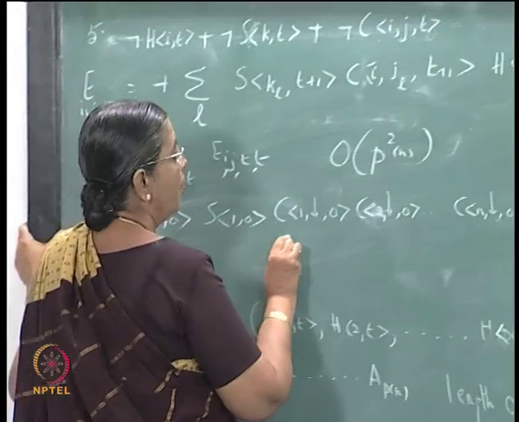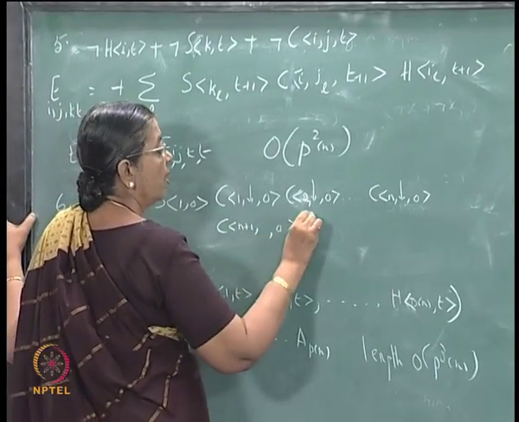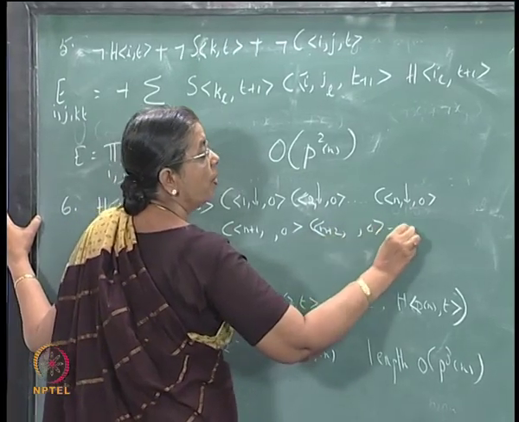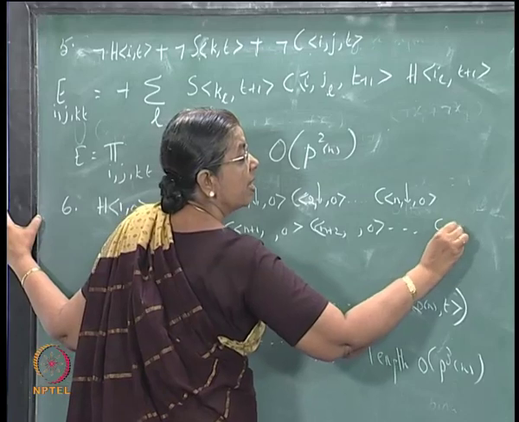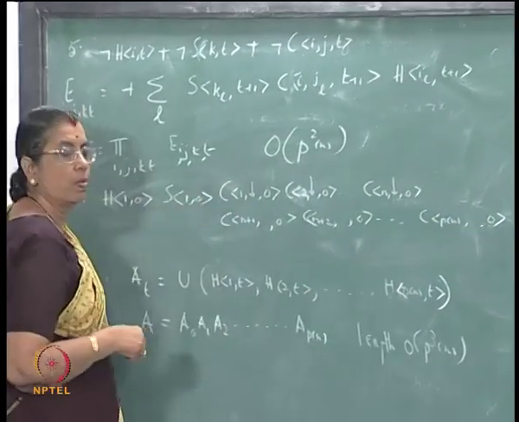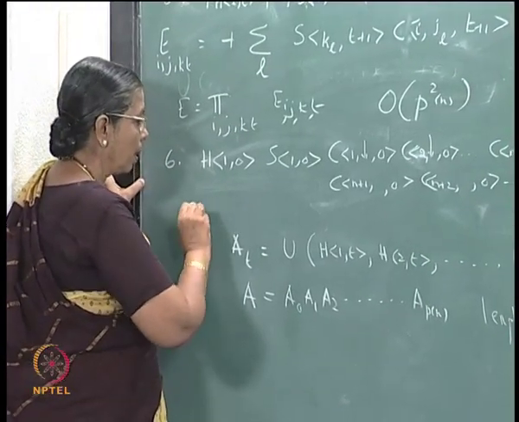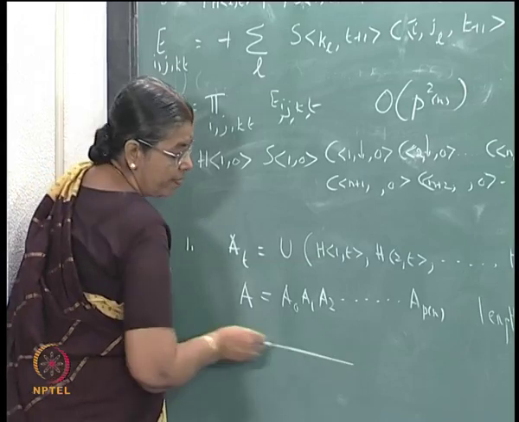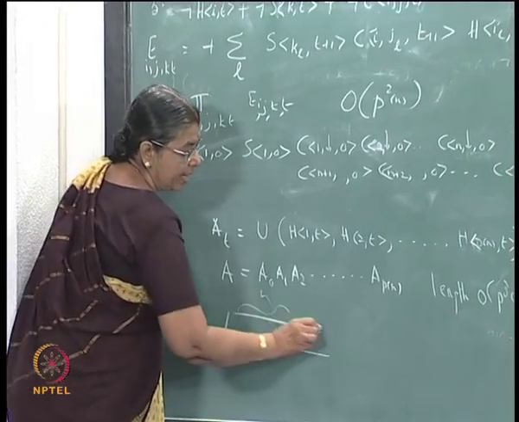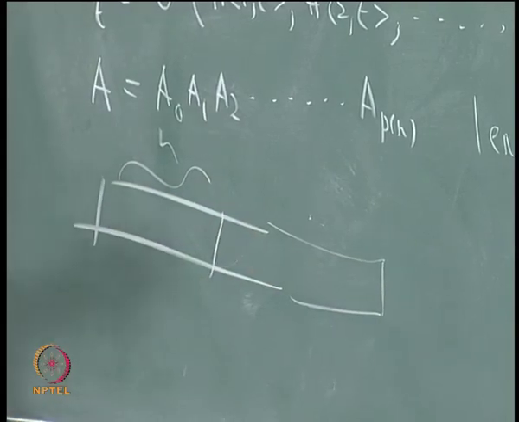Then what can you say about C(n+1)0, C(n+2)0, up to C(p(n))0? Initially, you have the input in the first n cells and the rest of the cells are blank, and blank is x1, as we have taken.